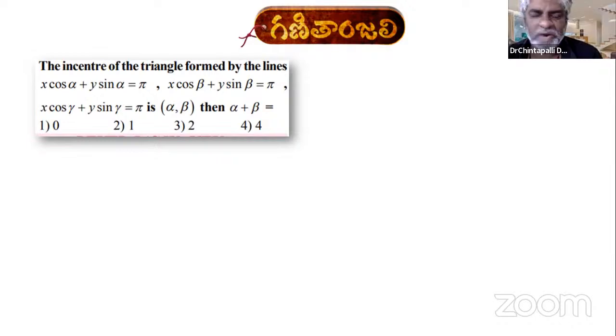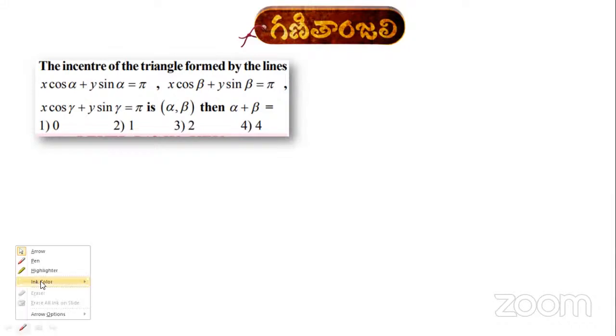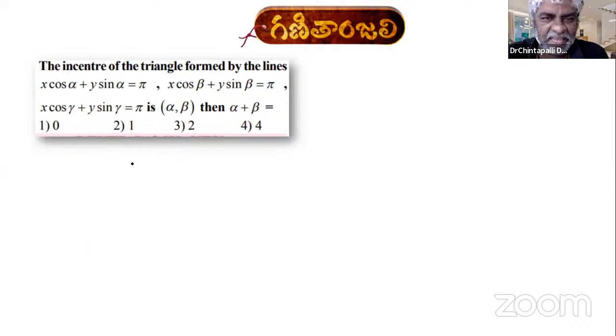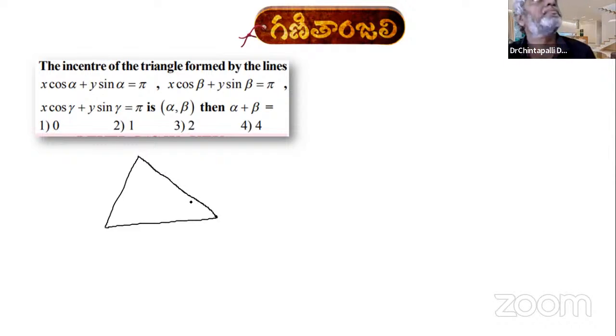Right. What is the incenter? The triangle and the circle, and the center of the circle. Yes, center means... see, it is a triangle. It need not be equilateral, whatever triangle it may be.